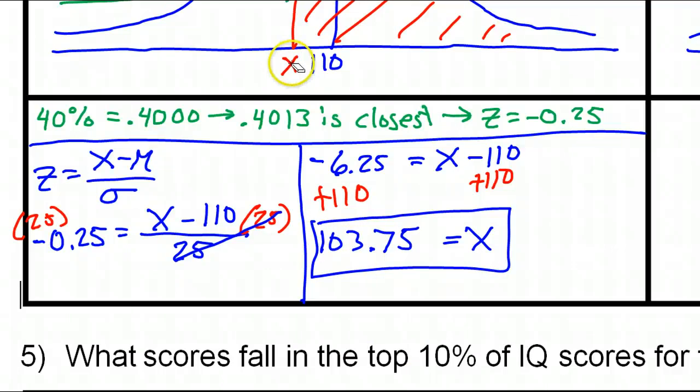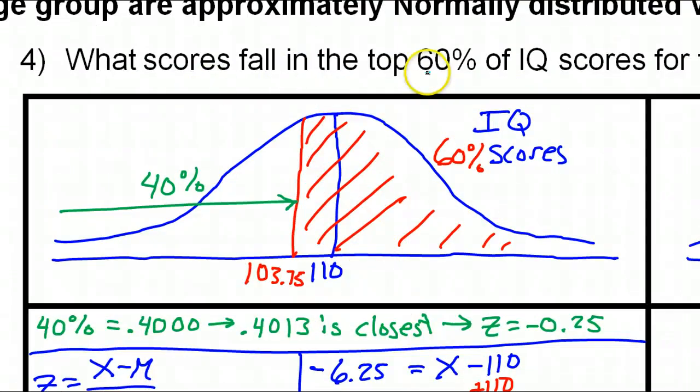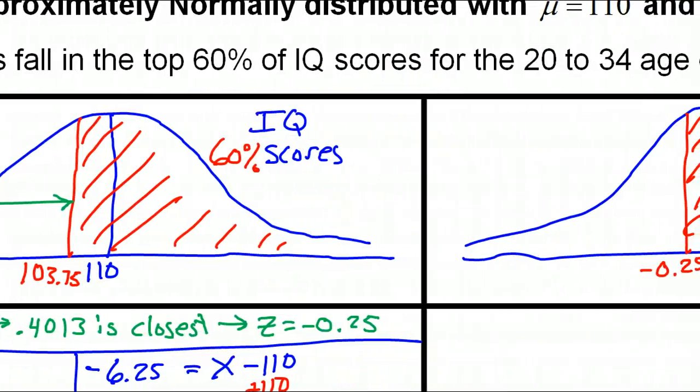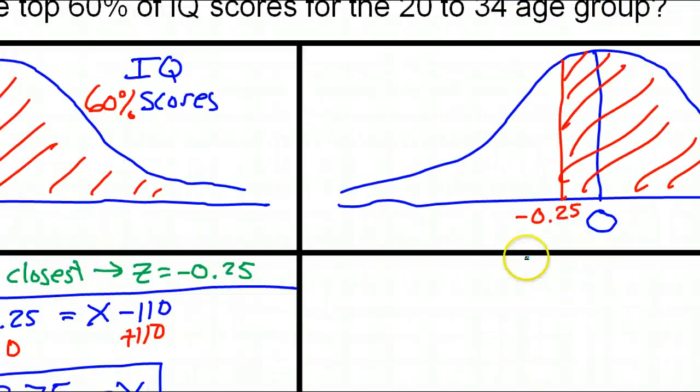Let's go ahead and record it on our picture as well. This is 103.75 right there. So, time to write our sentence. They wanted to know what scores fall in the top 60% of IQ scores for this age group.